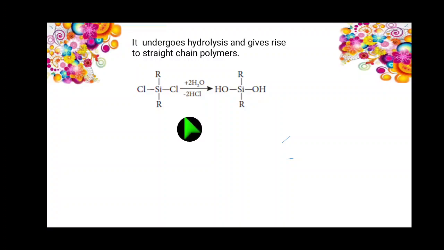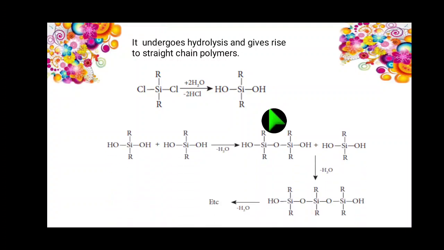The chlorine is replaced by hydroxy groups from water, right? So 2 HCl is removed. 2 hydrogens come from water and take chlorine, 2 HCl is removed. In the place of Cl, OH is bonded with the silicon, right?